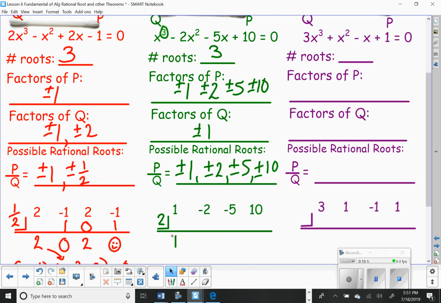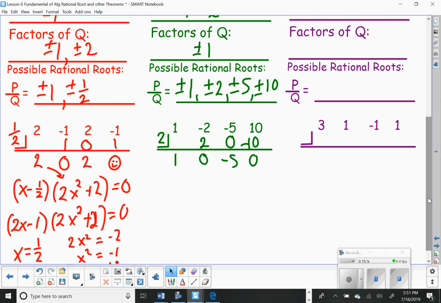I bring down the 1, I get 2, I get 0, I get 0, I get -5, I get -10. Ooh, that one worked. So 2 works. That means that I have x minus 2, that comes from this guy, and then this is going to be x squared minus 5 is equal to 0.